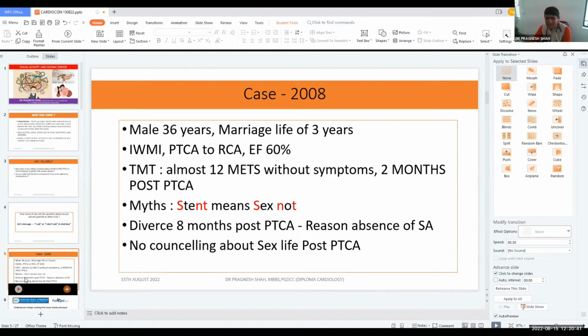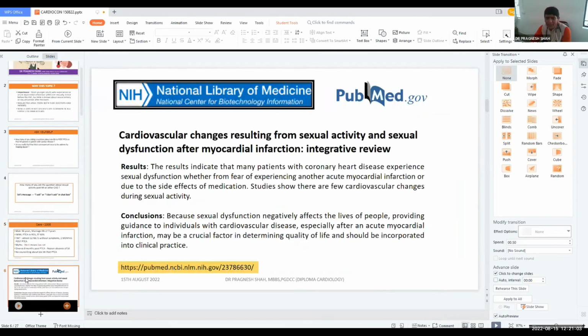But there is a myth that stent means no sex. So they had some personal issues and divorce 8 months post PTCA, and the reason was absence of sexual activity. The bad part is there was no counseling about sex life post PTCA, whether the patient asked the question or not, by the medical service providers.